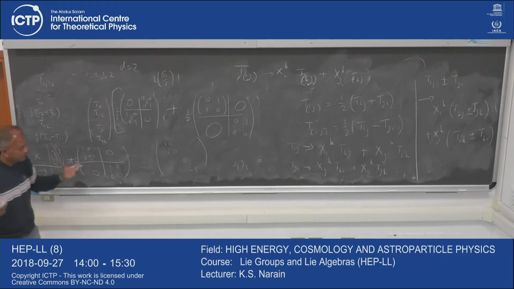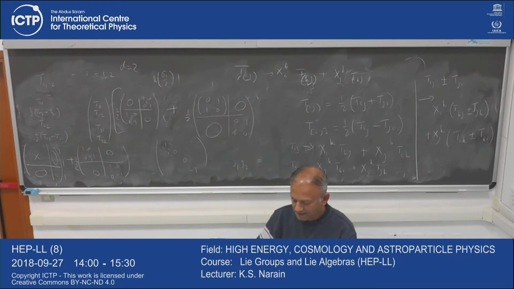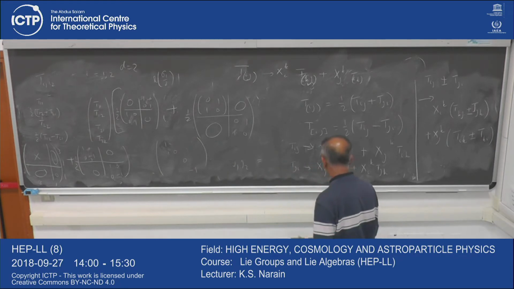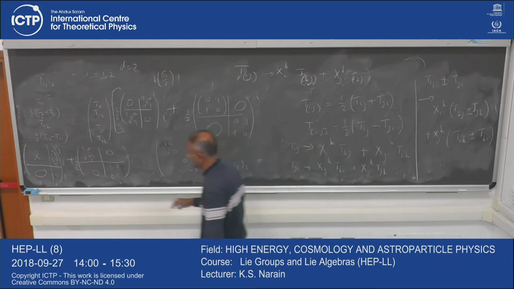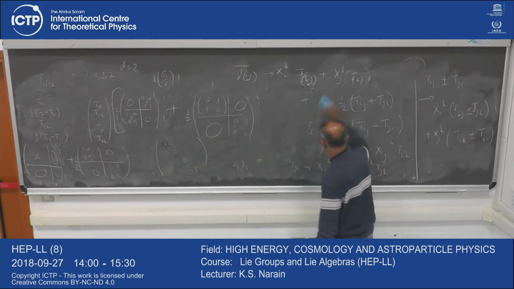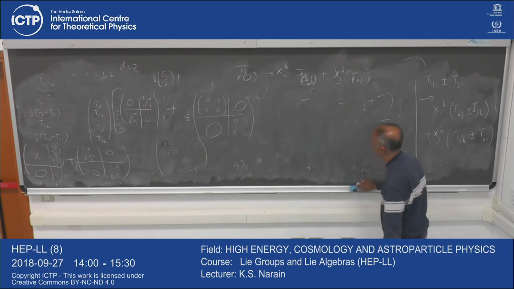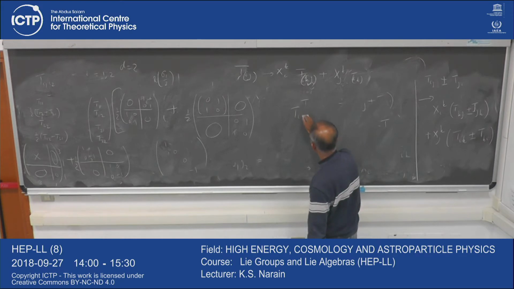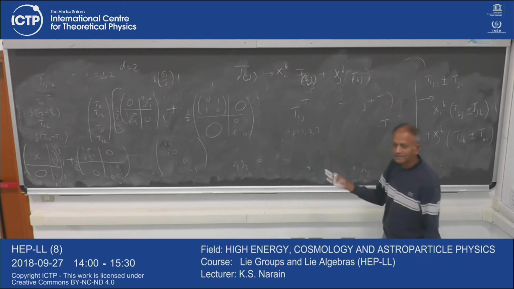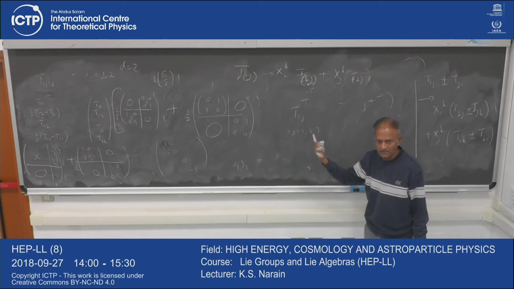So if I take d equal to 3, then I will split 3 times 3 into 6 and 3, right? Let's take d equal to 3, so you take ij, where i and j go from 1 up to 3. Then the total number of components is 3 squared, which is 9.